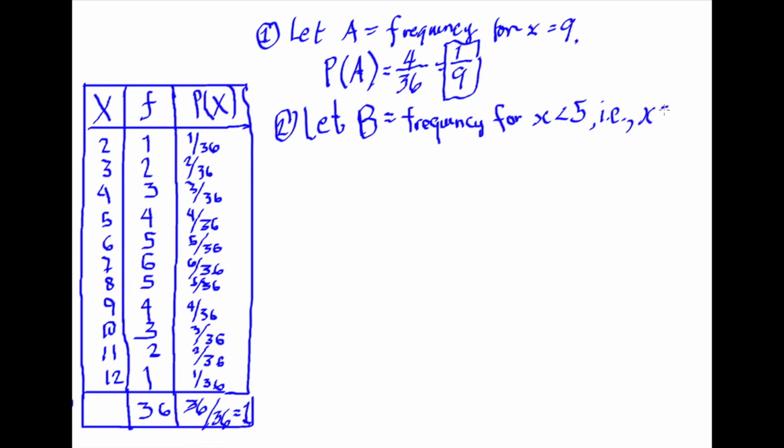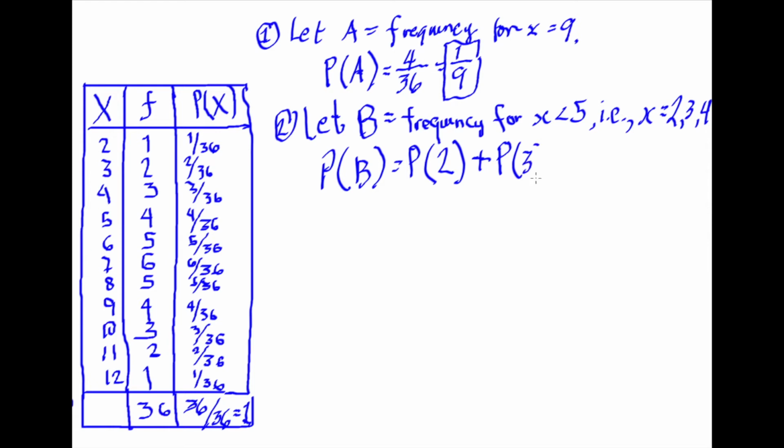So x is equal to 2, 3, 4. Now how many are the numbers there? So what's the probability then? The probability of getting event B is equal to the probability of getting 2, 3, 4. So it's the probability of getting 2 plus the probability of getting 3 plus the probability of getting 4.